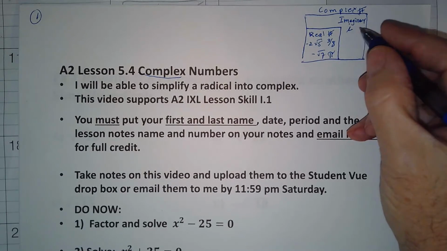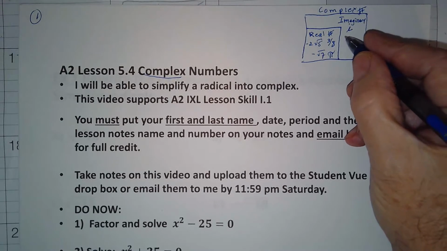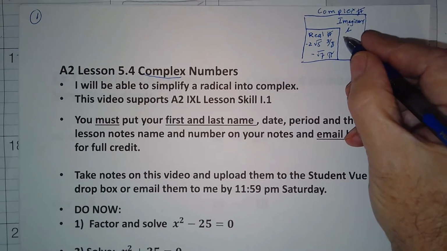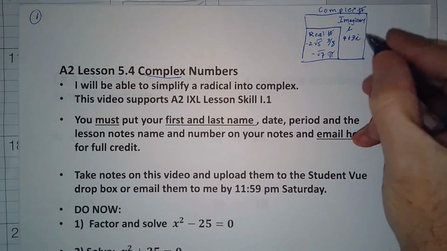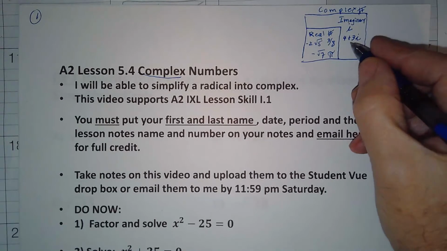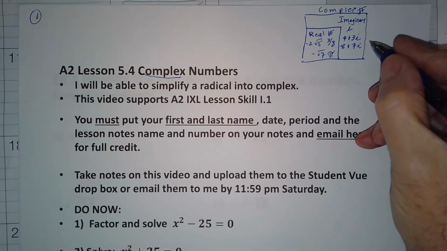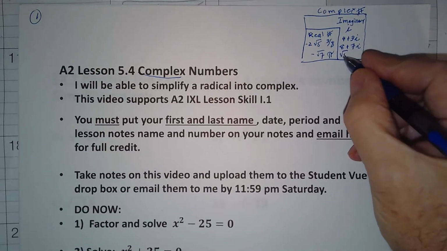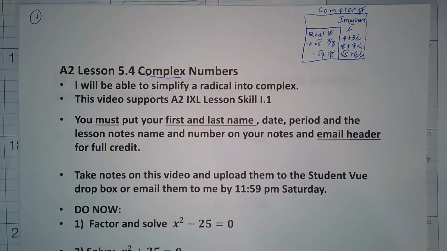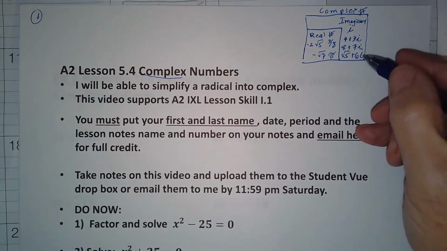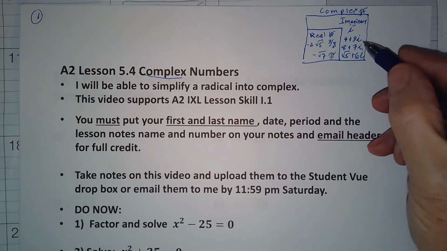When we look at them as a complex number, we use a real number plus I. So the number 4 plus 3I is a complex number that has an imaginary component in it. Or 8 plus 7I. Or for that matter, you could have the square root of 5 plus 6I. Those are all examples of complex numbers. That is, numbers that have a real number component and an imaginary component.